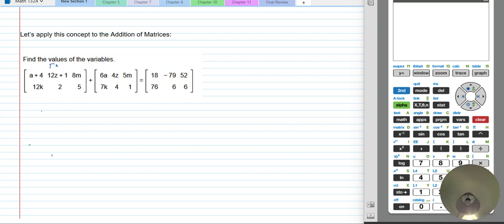So first we have to combine, like order of operations, we're going to combine these two matrices to one. It's a 2 by 3. And then have it equal to the other 2 by 3. Okay, so it's going to be a multi-step. So we're going to do our first one.